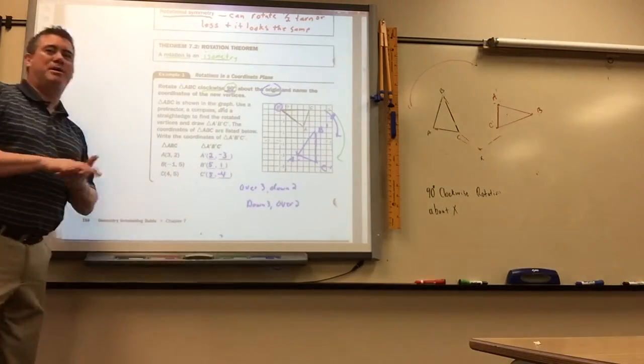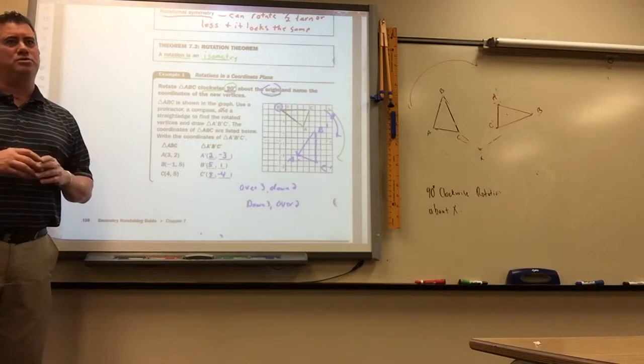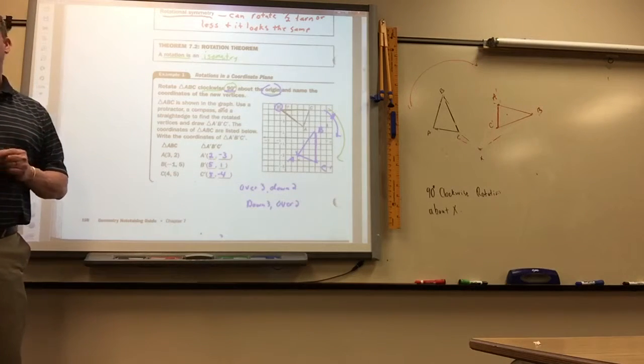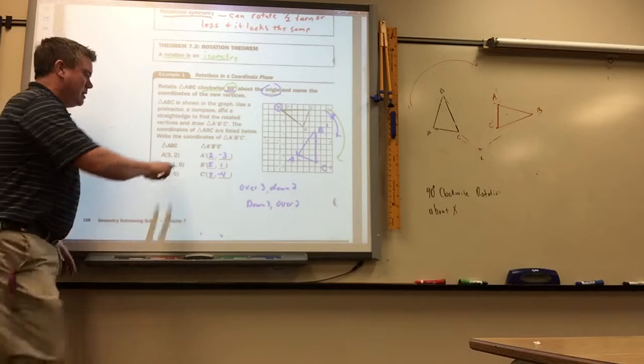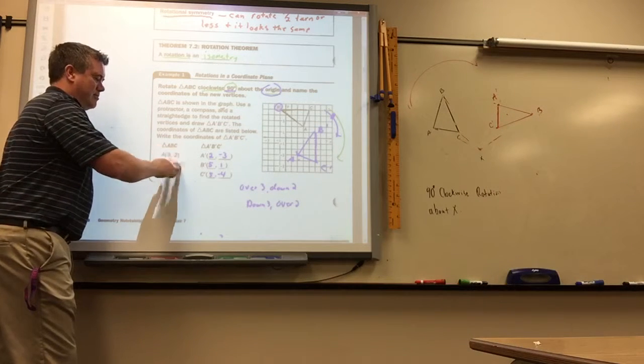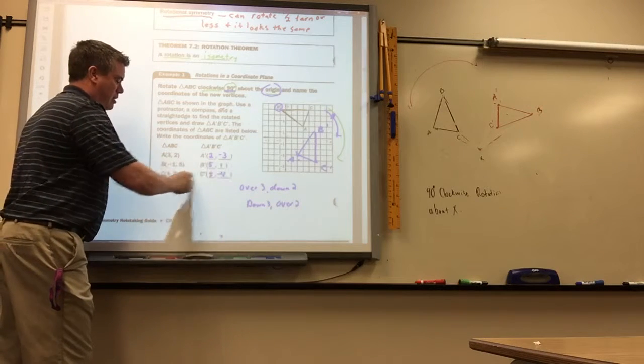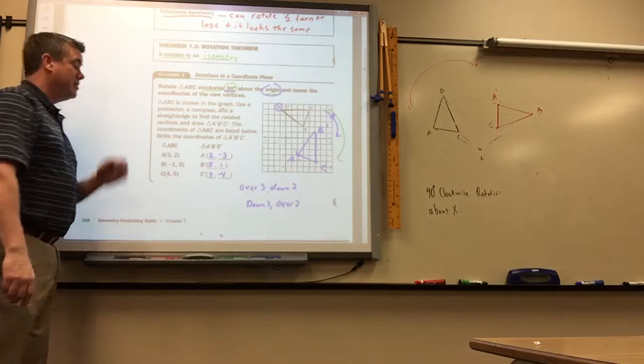And again, if you can memorize these, more power to you, but they're kind of hard to remember. You don't need to remember them, it just makes it shorter for you. The numbers are just going to flip, right? 3, 2, 2, 3, 1, 5, 5, 1, 4, 5, 5, 4.